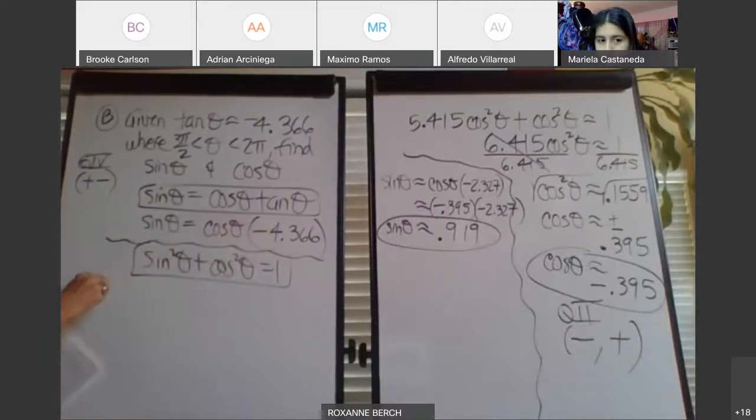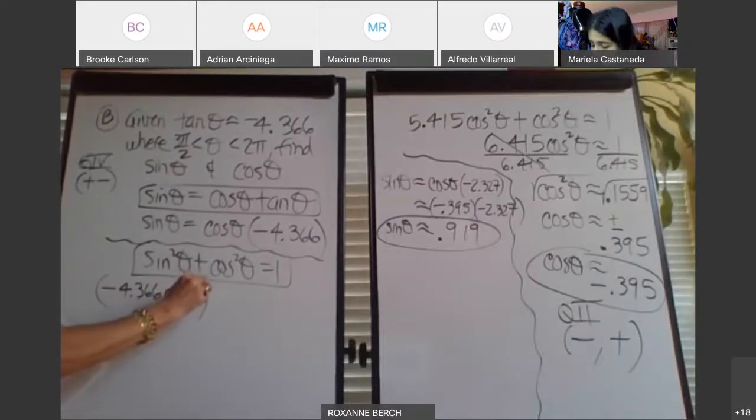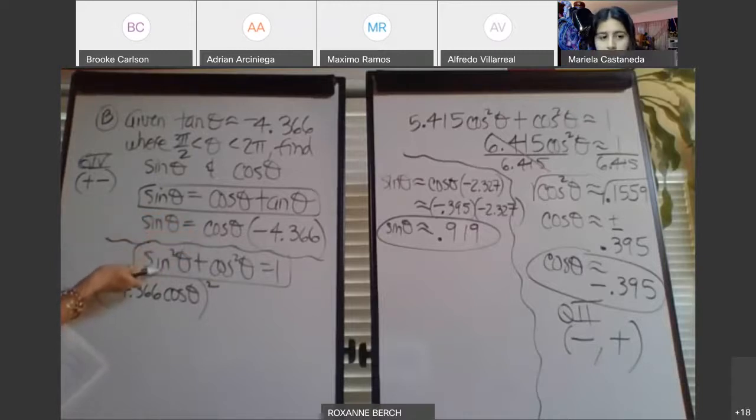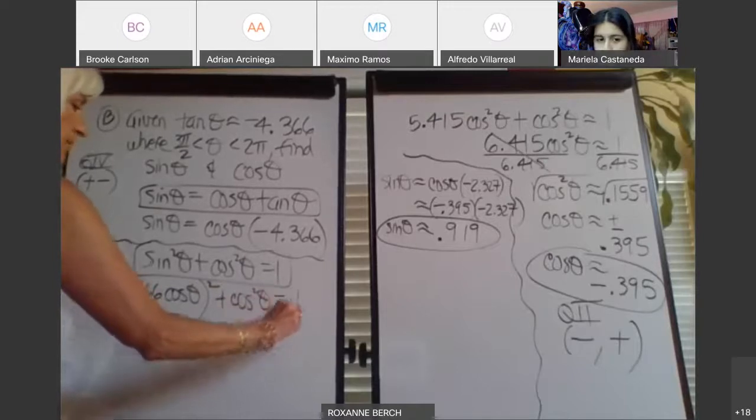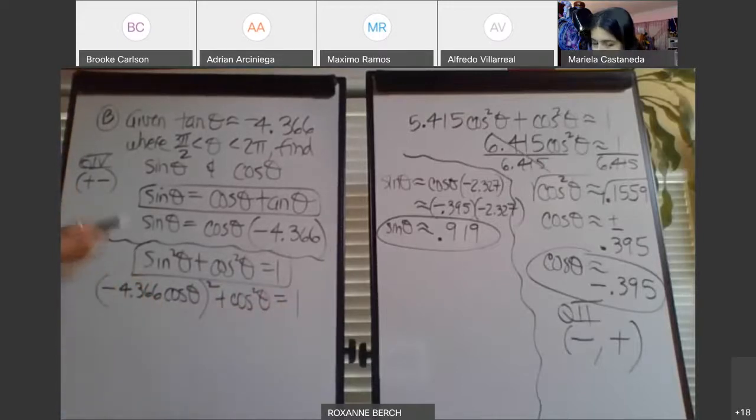So it's going to be negative 4.366 cosine of theta, and I'm going to square it, because this is sine squared, which means I have to square that. And the rest of this is plus cosine squared theta equals 1. So I took that sine out and put that in its place and I squared it because that's squared.